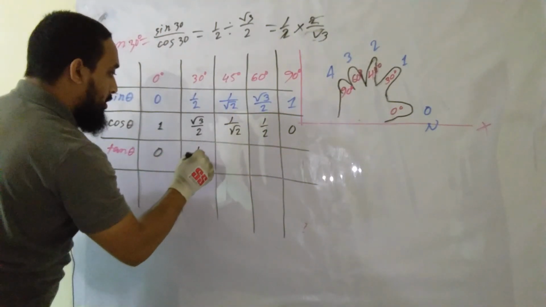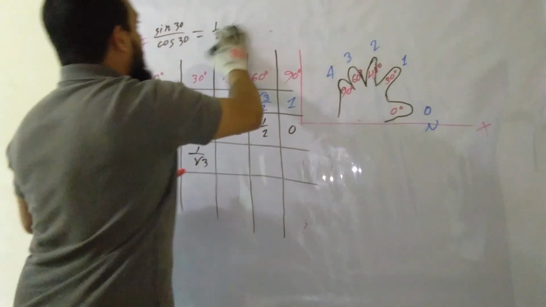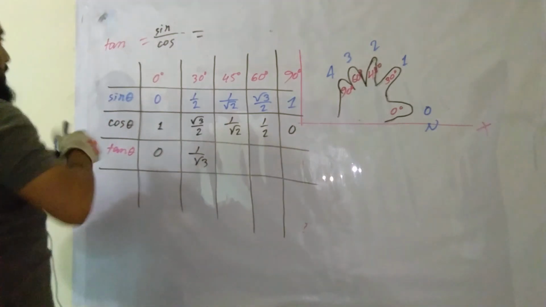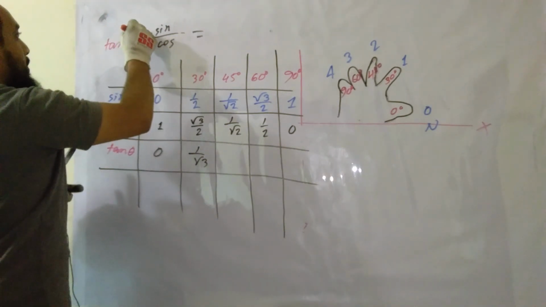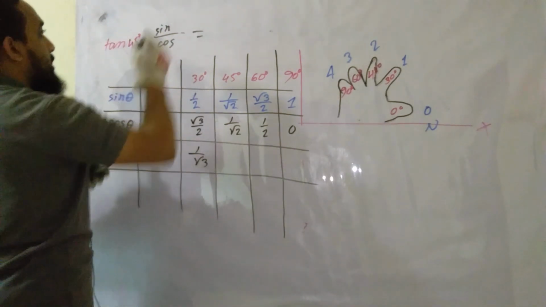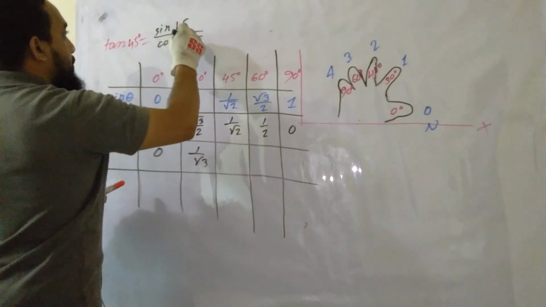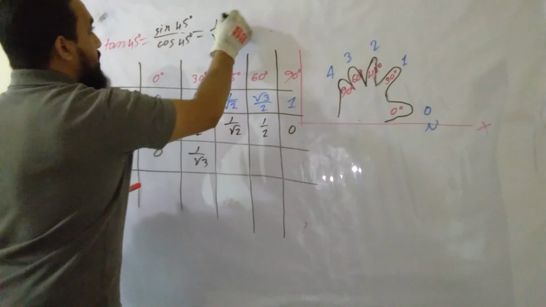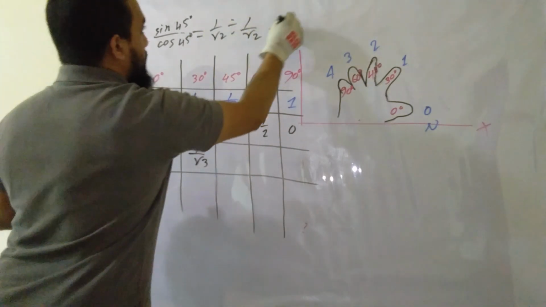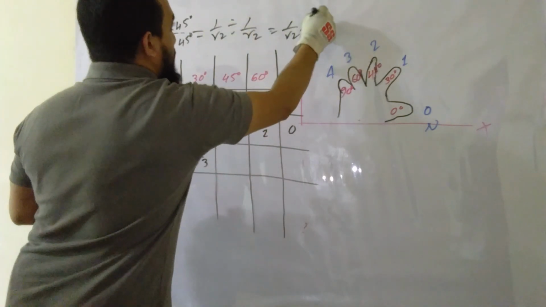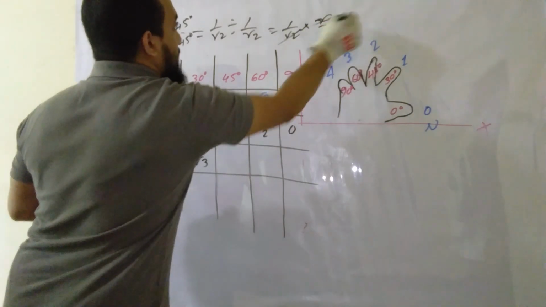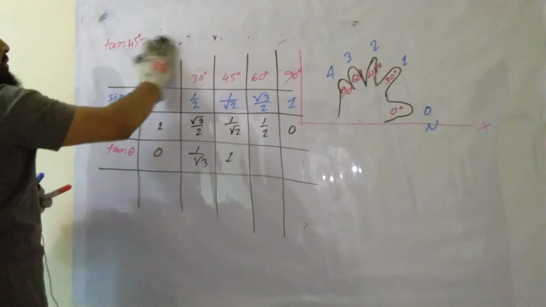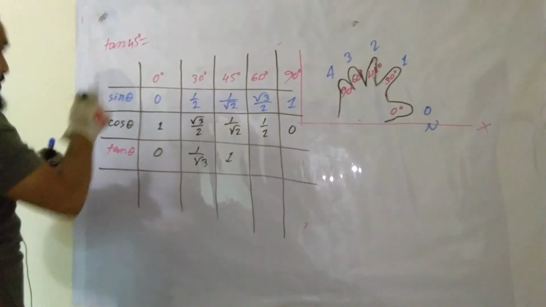Okay, go for 45 degree. Look, its value is 1 over root 2 divided by 1 over root 2, which is 1 over root 2 into root 2 divided by 1. Cancel. So ultimately it's gonna be 1. Okay, go for the next portion.